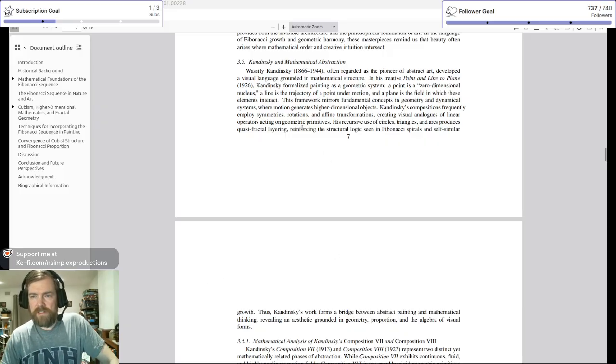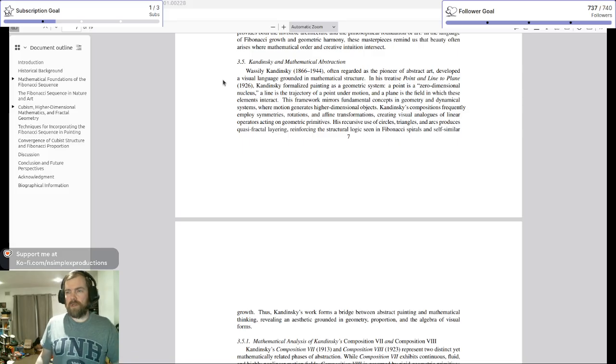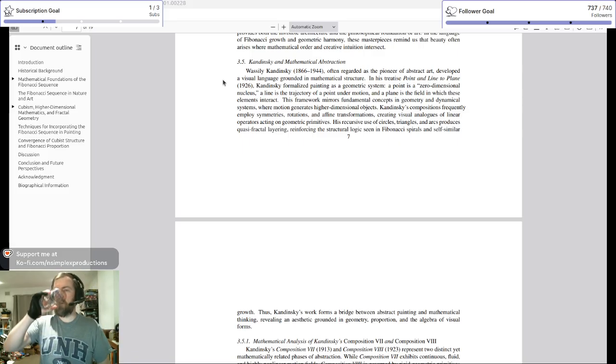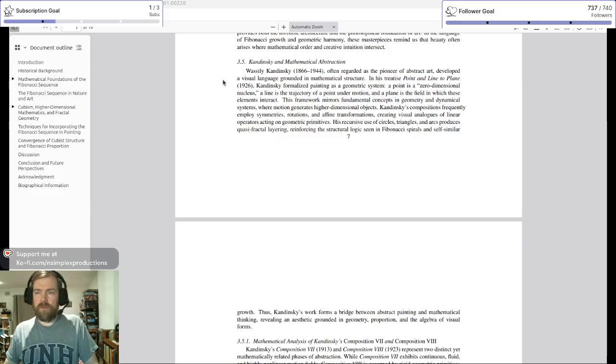Vasily Kandinsky, often regarded as a pioneer of abstract art, developed a visual language grounded in mathematical structure. In his treatise Point and Line to Plane, Kandinsky formalized painting as a geometric system. Point is zero-dimensional nucleus. A line is the trajectory of a point under motion, and a plane is the field in which these elements interact. This framework mirrors fundamental concepts in geometry and dynamical systems, where motion generates higher dimensional objects.